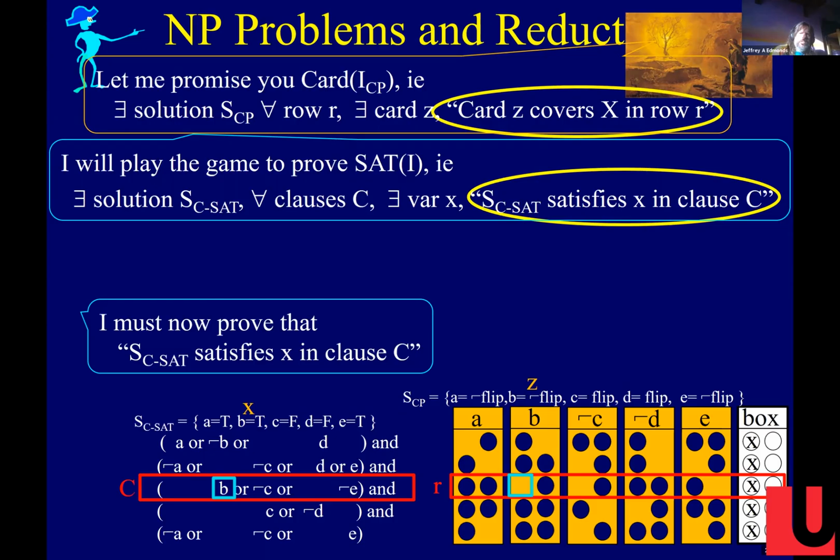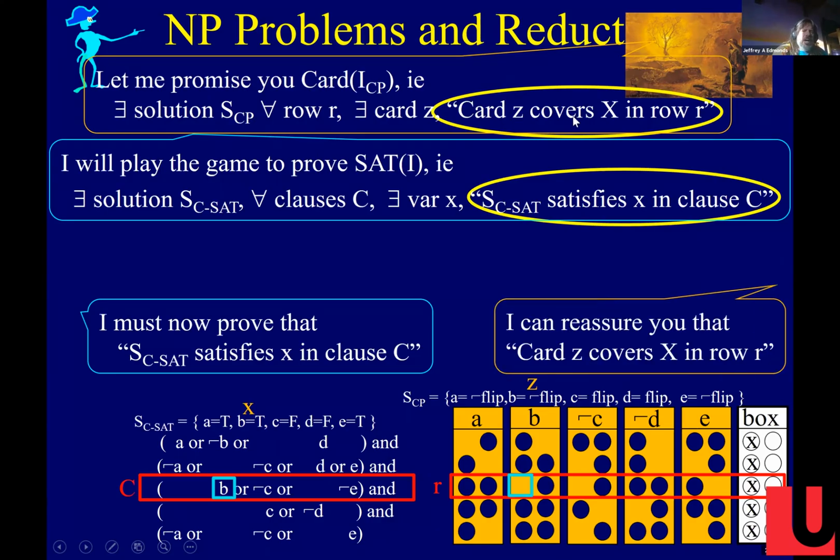All right. So how are we going to prove it? Again, we're going to have help from our oracle. Like we're not working all by ourselves here. The oracle gave us various information, and the oracle is promising us that the card covers the X in the given row, right?